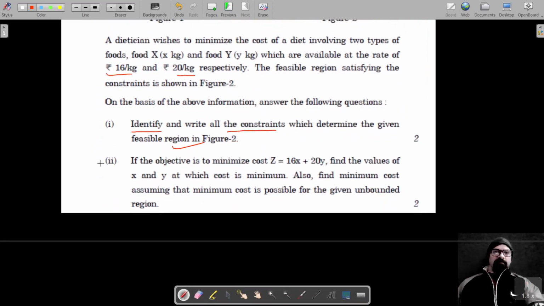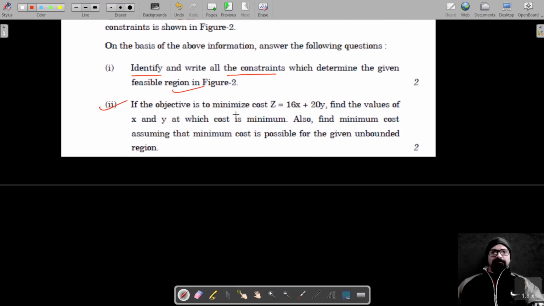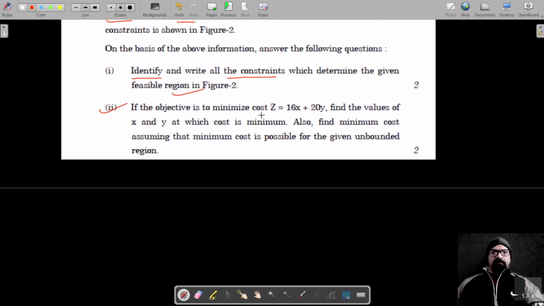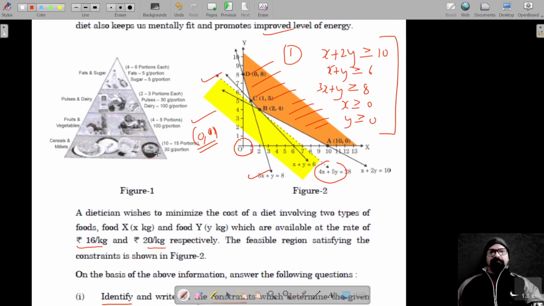Now for the second part, if the objective function is to find the minimized cost Z is equal to 16x plus 20y, we have to find the values of x and y at which the cost is minimum, and also find the minimum cost, assuming that the minimum cost is possible for the given unbounded region.